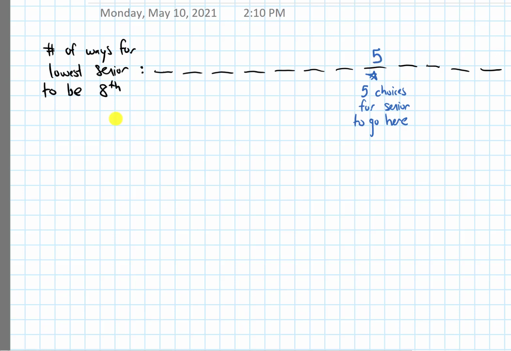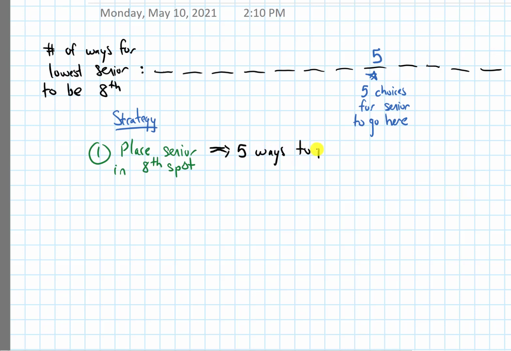So if I think about this in terms of strategy, let's first place a senior in that 8th spot. So we just said that there's 5 ways to pick which of those seniors goes there. 5 ways to pick one of the 5 seniors here.